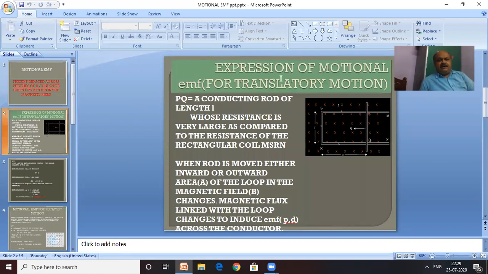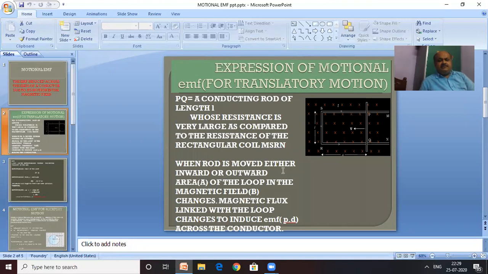First of all, we will derive the expression of motional EMF for translatory motion. I have taken a conducting rod PQ of length L, whose resistance is very large as compared to the resistance of the rectangular coil MSRN.